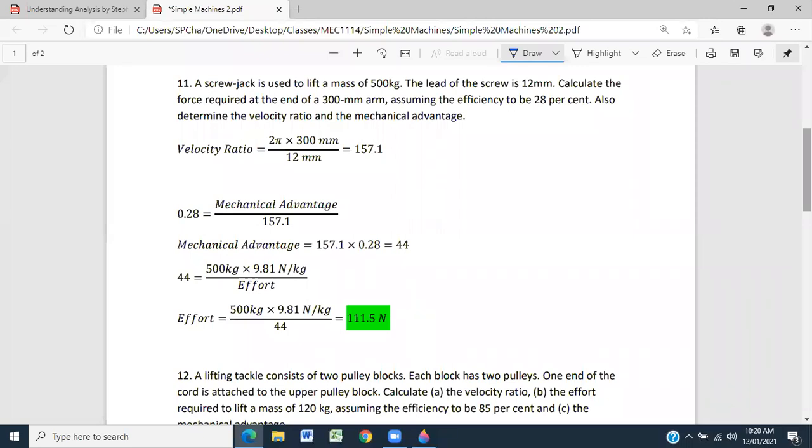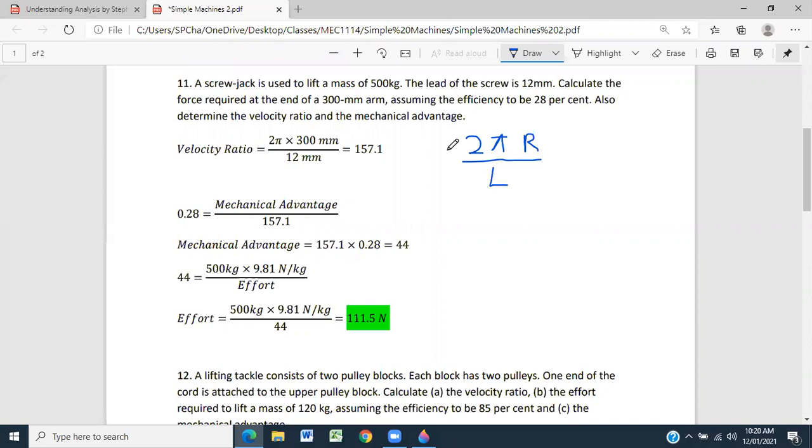Good. So again, for a screw, the velocity ratio formula is 2 pi r, which is the radius of the effort, divided by the distance between the threads, or the lead of the thread.